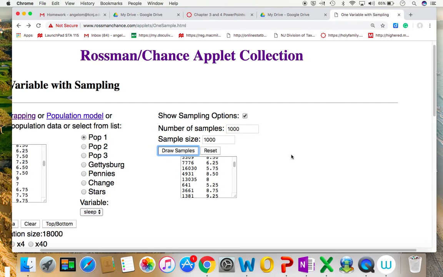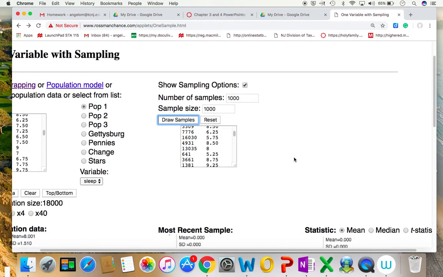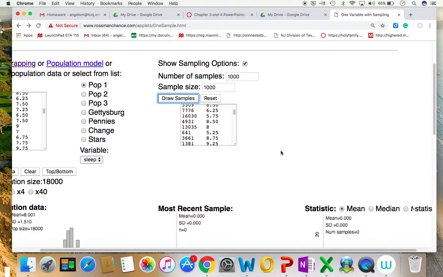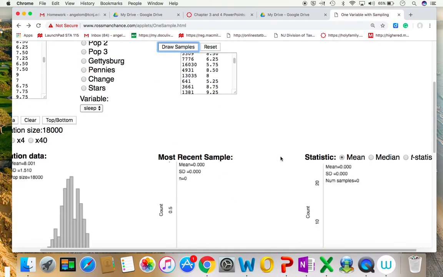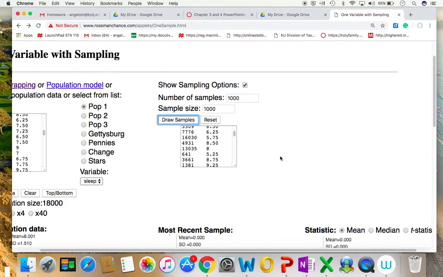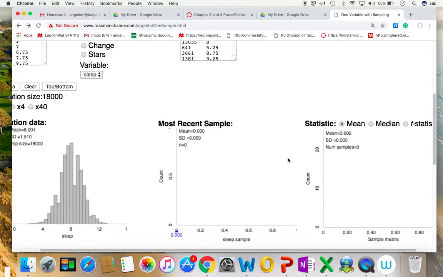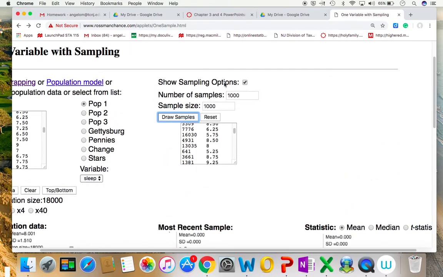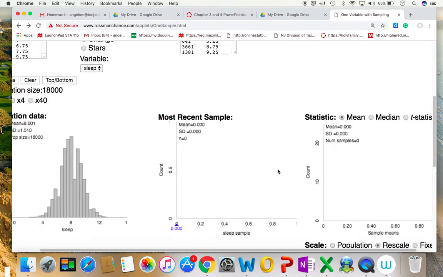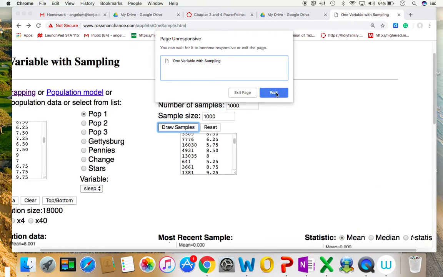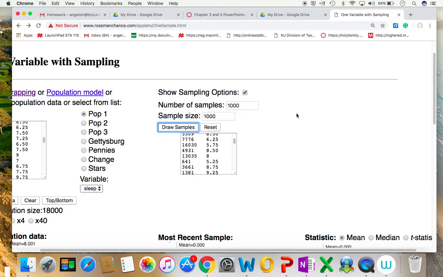Well, maybe more than a split second, but let's give it some time here and see what comes up. We'll wait. Maybe it's going to take a little bit longer.